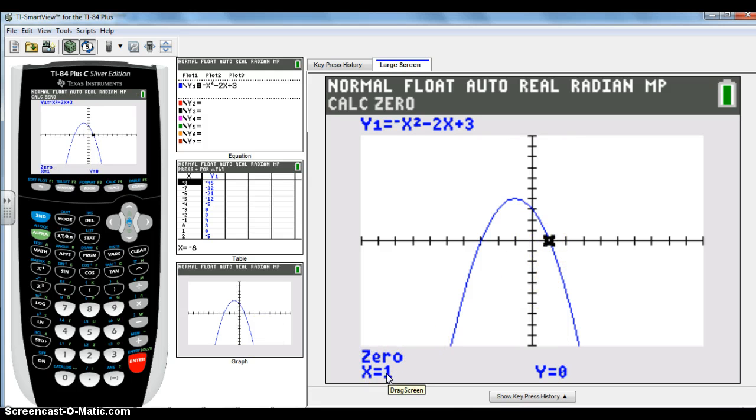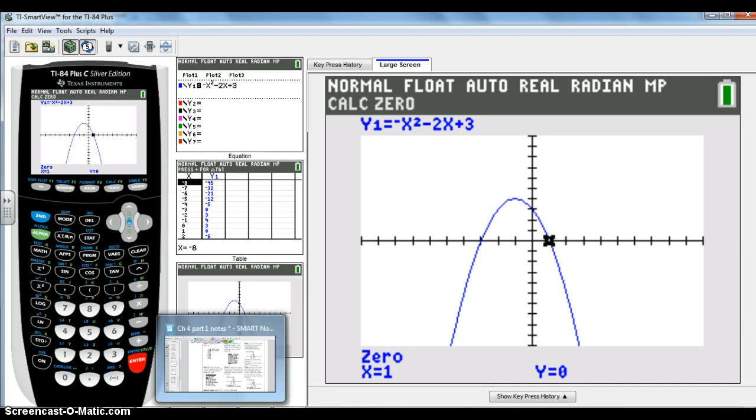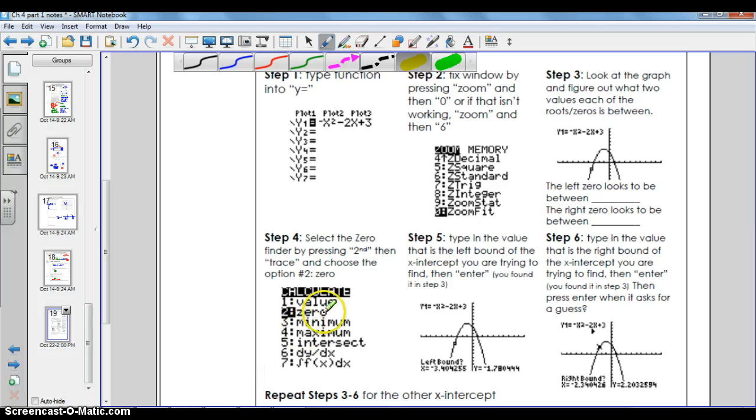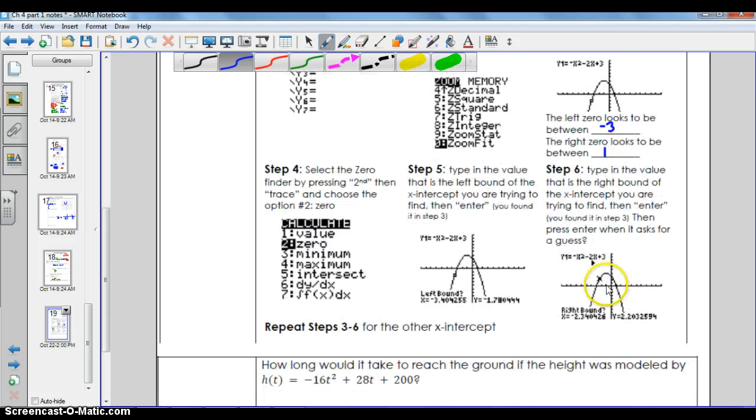So the table's sometimes easier to read versus having to go through that left and right bound on each of those. We could just see from the table that our zeros were at -3 and 1. So just looking at the zeros, the left looked to be -3, and the right looked to be 1, and we were correct.